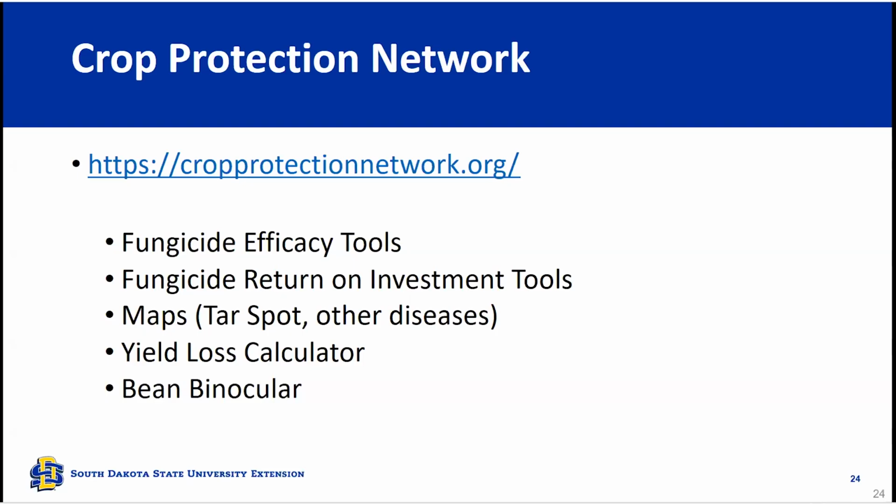We have different mapping that we feed into, so the maps that I showed, we were able to color in where we were finding the disease. Same with Minnesota, North Dakota, all around us. We have a yield loss calculator and a bean binocular, really looking at some of these soybean diseases. So again, the Crop Protection Network, if you're not familiar with it, is a great tool to check out.